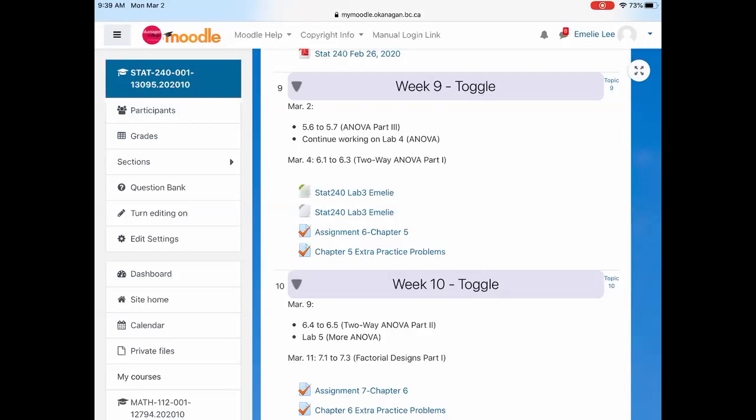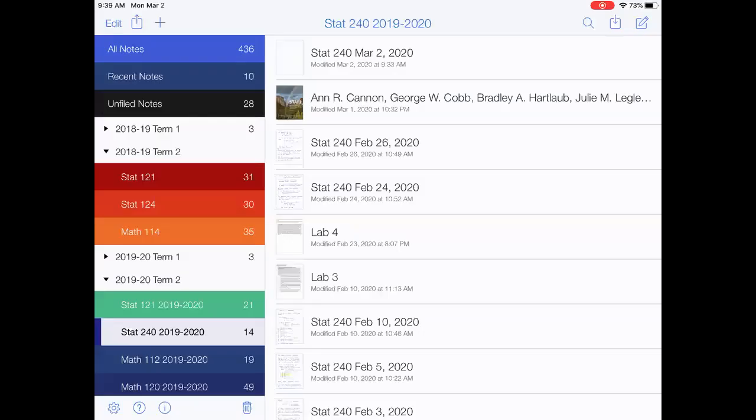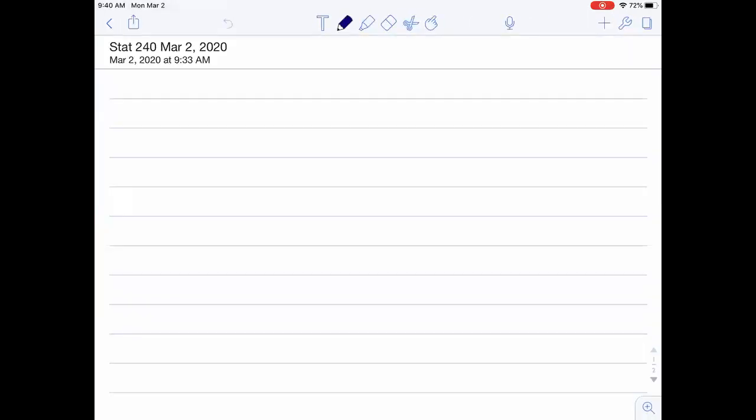Then there will be 2 assignments for this week and the next week. Oh no, because there's no new lab this week. It's just lab 4. I'll shift the due date as well as post it on Moodle.